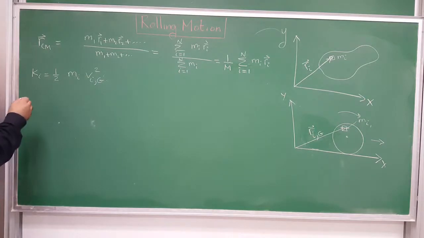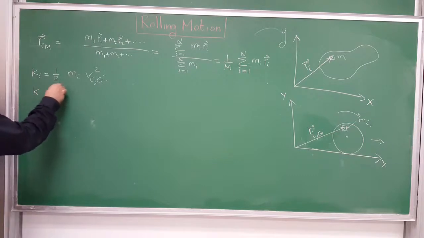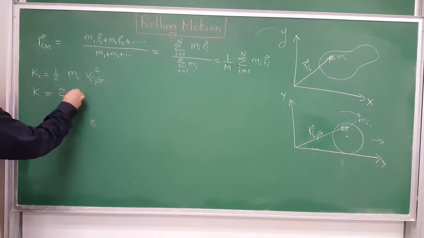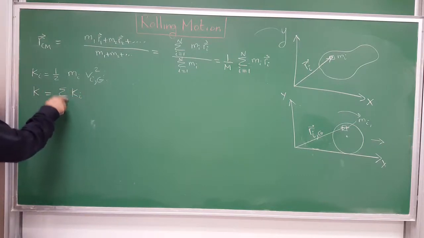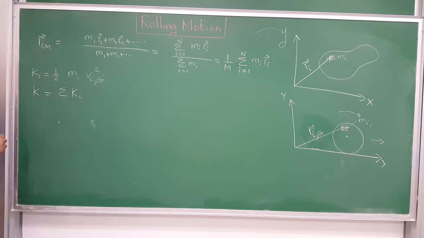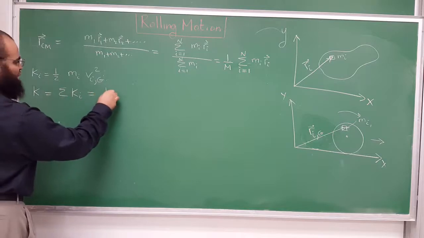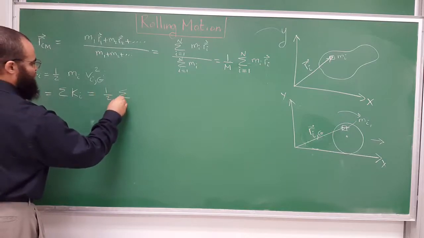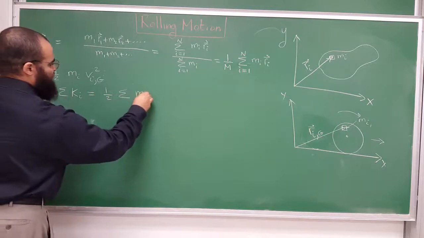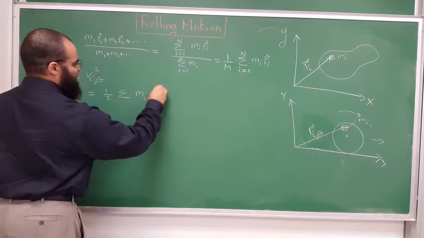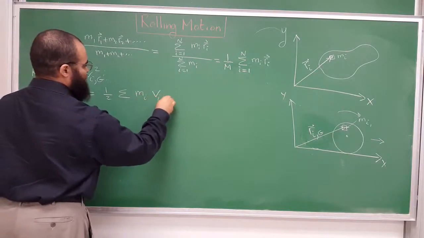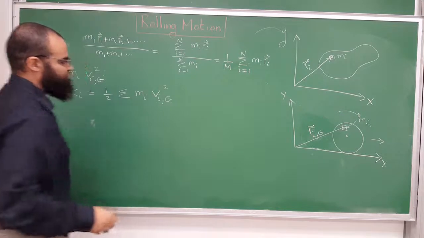Okay. And if you want the total kinetic energy, it will be the sum of the kinetic energy of all the masses, where i goes from 1 to n. And so it becomes 1/2 of the sum over i of mi vi relative to the ground squared.